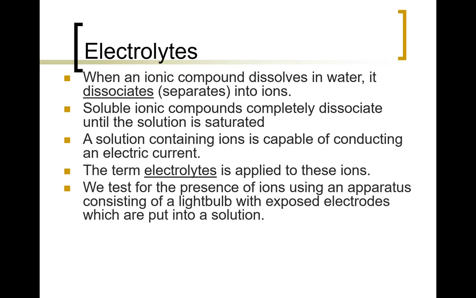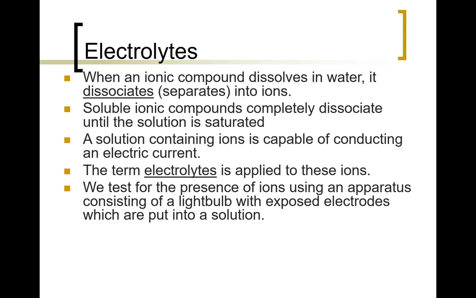And we can test for the presence of ions using a special apparatus, which is much like I described a second ago. It has essentially exposed electrodes, and those exposed electrodes are attached to a light bulb, and then that whole apparatus can either be attached to a battery or it can be plugged into a light socket. In the example we're going to see in this part of the lab, it's actually plugged into a light socket.